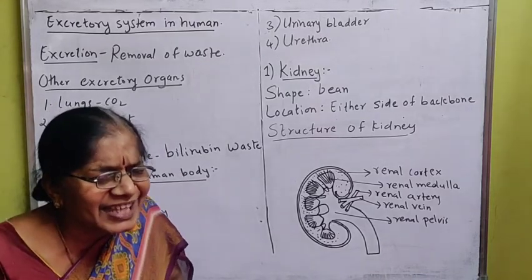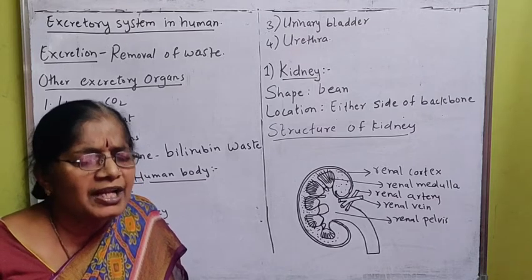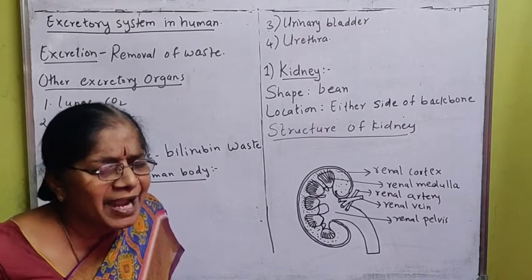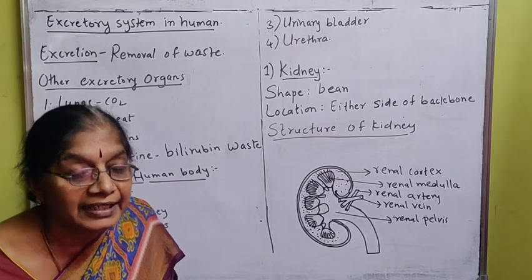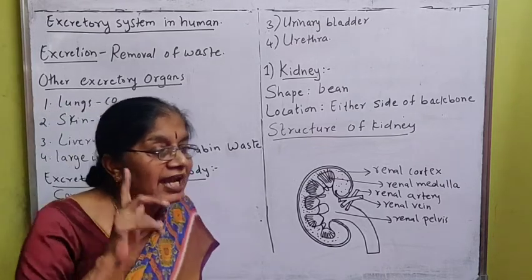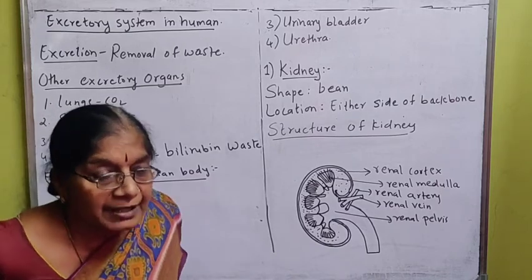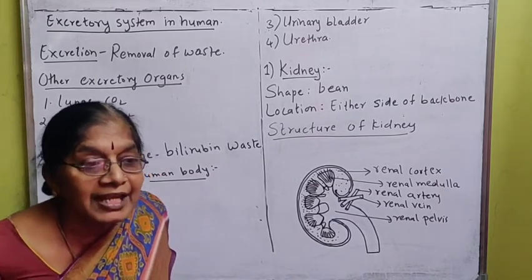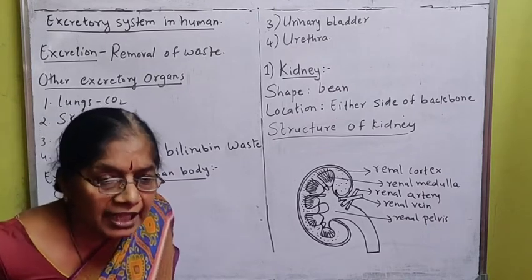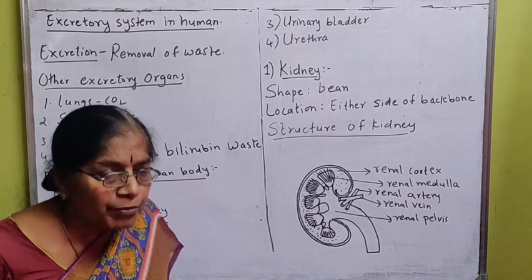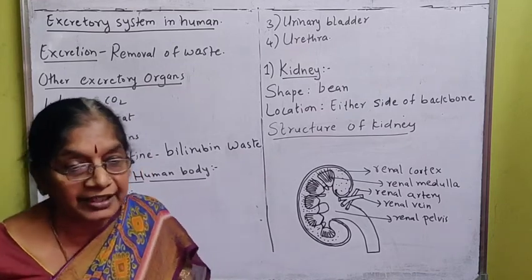The kidney is protected by your backbone and muscles. Just as the lungs and heart are protected by the rib cage in the chest cavity, at the back also we have vertebrae and ribs. So the backbone and muscles protect the kidney.